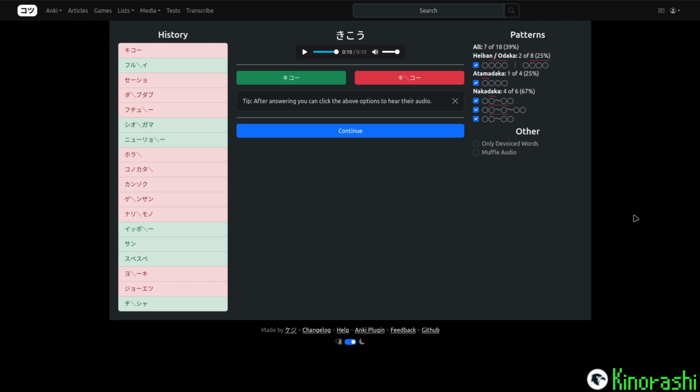Let's use this sentence as an example. I think that's, yeah, Poku wa sensei o shite imasu. I think that's Poku. Let me see. What is that kanji?